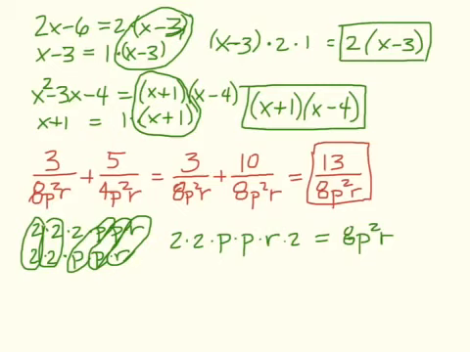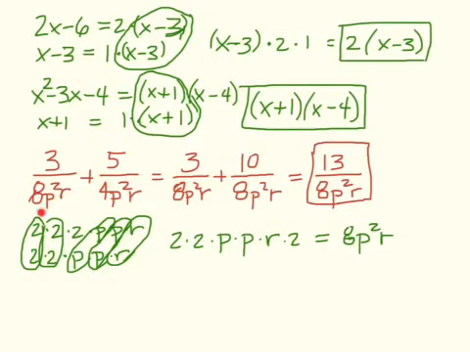Well, let's now go practice with some rational expressions. I want to add 3 over 8p squared r and 5 over 4p squared r. Find the least common multiple of 8p squared r and 4p squared r.